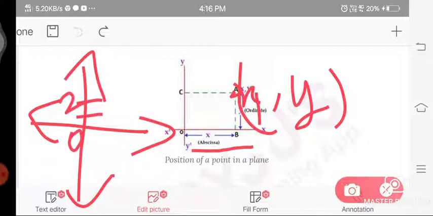So we go +1 along x and +2 along y. From here go there, and this is the abscissa, and this is the ordinate.